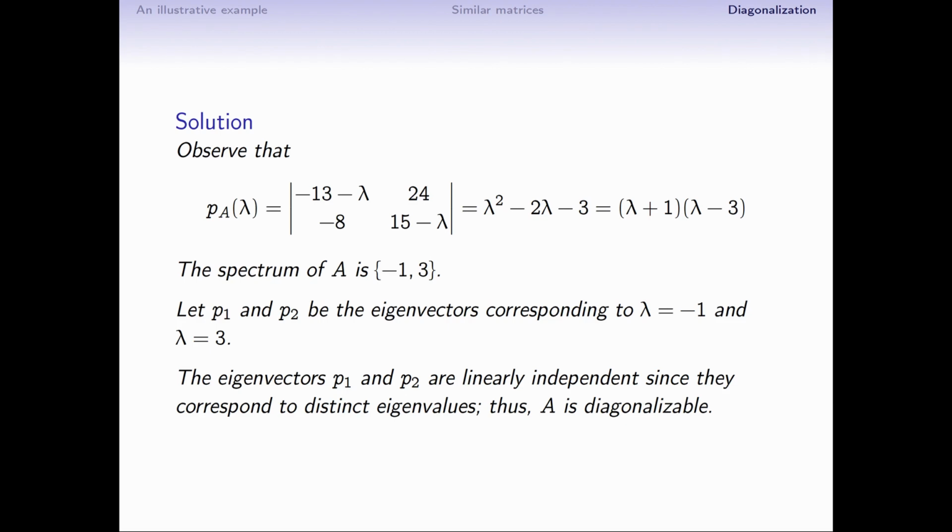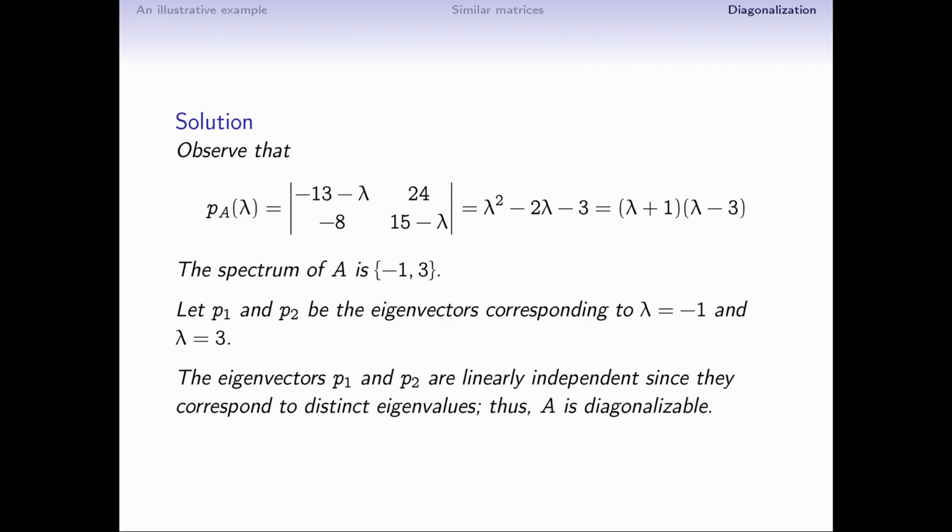Now, let's think about how we could generalize this. Let's imagine that A were a 3x3 matrix. If A had 3 distinct eigenvalues, then we would have 3 different eigenvectors, one for each eigenvalue, and those 3 eigenvectors would necessarily be linearly independent.